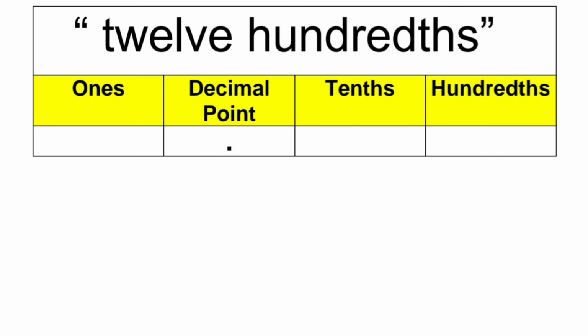Digit. Okay, what is the last digit of 12? Okay, is 2. Where should we put the digit 2? Where, class? In the tens or hundreds? Okay, in the hundreds. Very good.